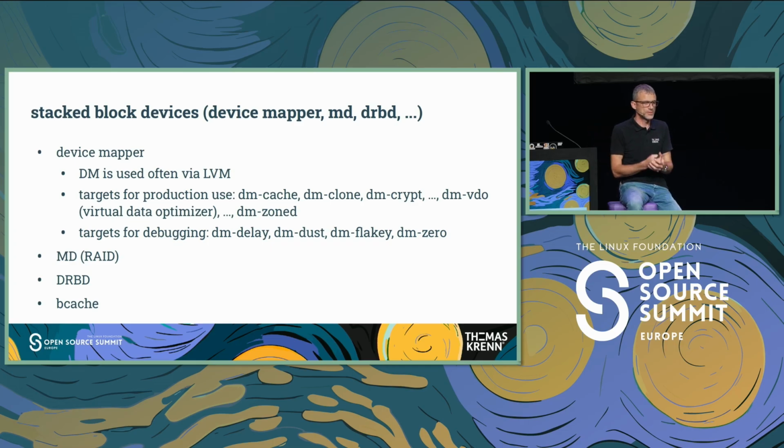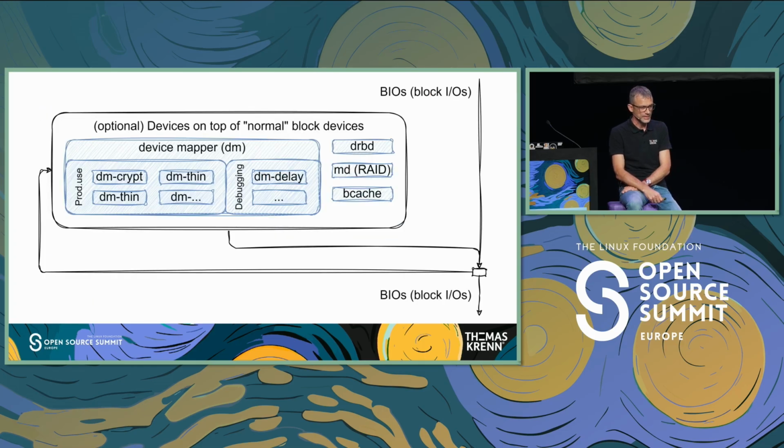In addition to the device mapper itself, there is software RAID. Other examples like the distributed replicated block device or bcache also behave in the same way, so you can stack them over each other. They sit on top of normal block devices, and you can go as many rounds as you want and stack them one over each other.